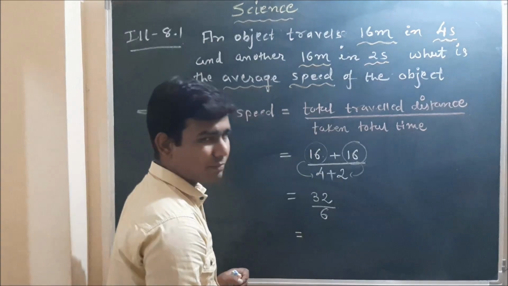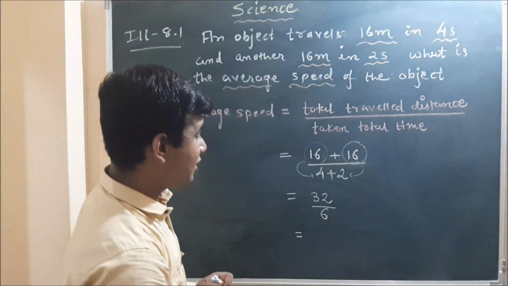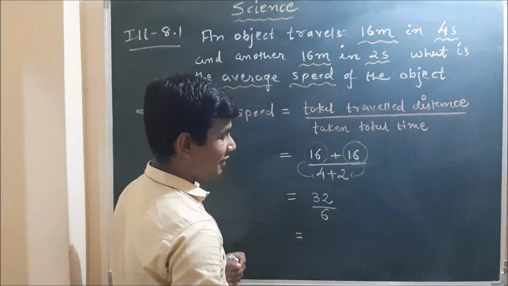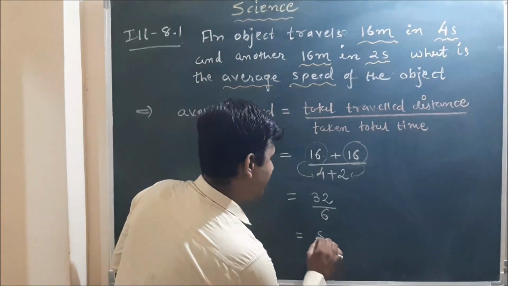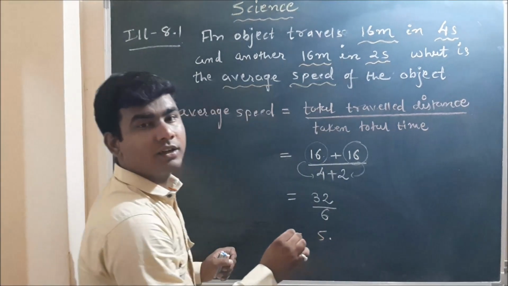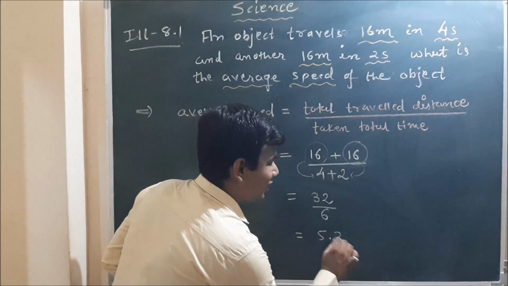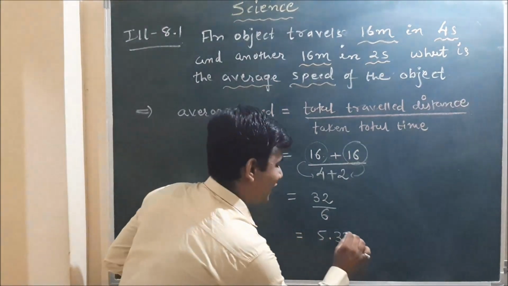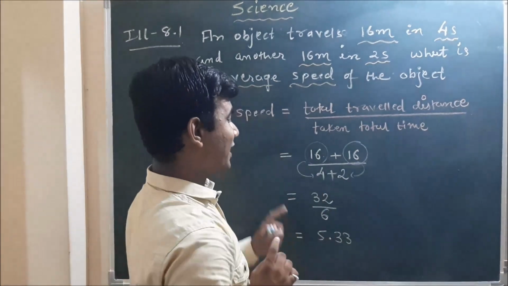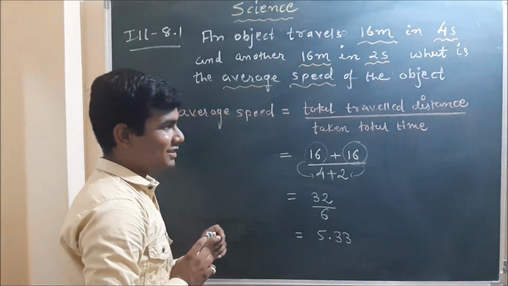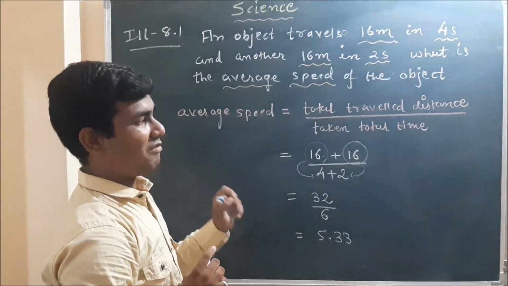As you all are brilliant, 32 divided by 6. So our answer will be 5.33. But it is very necessary to write the unit in every answer.